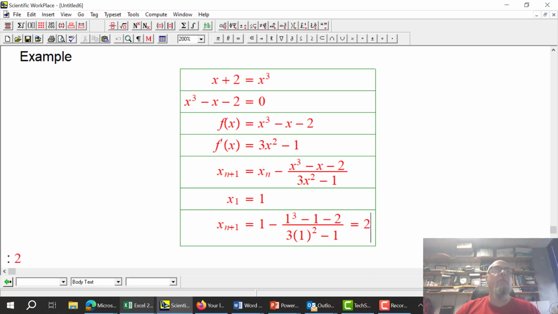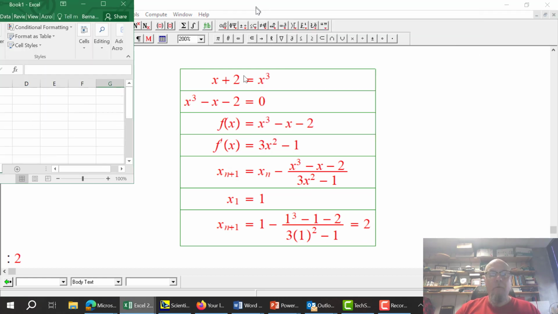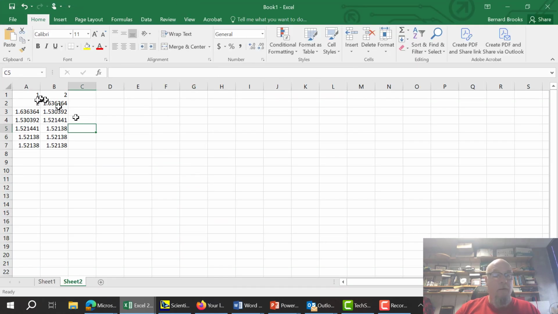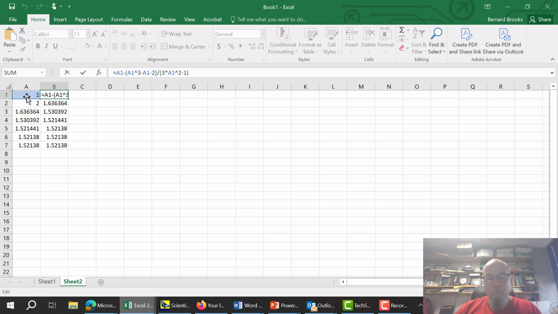This is going to be way easier with a spreadsheet. So here's a spreadsheet. This is my starting value of 1. This is the 2 where I take the number minus the function with the number plugged in divided by the derivative with that number plugged in.